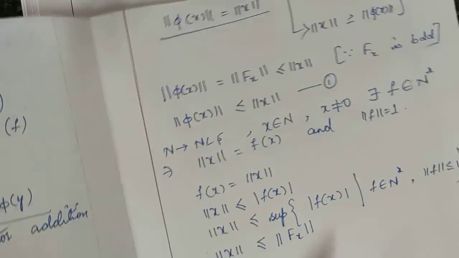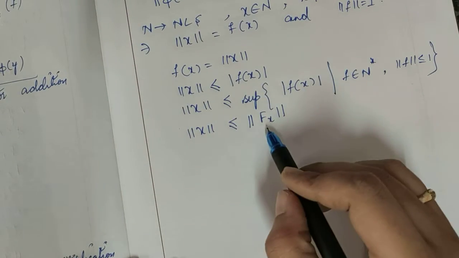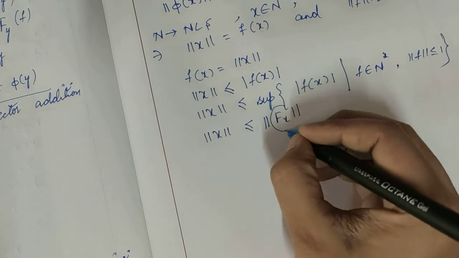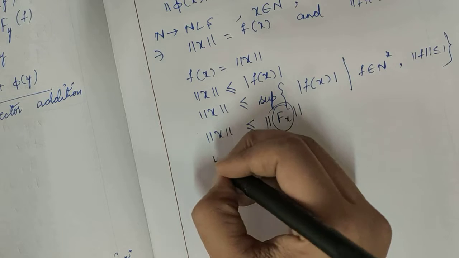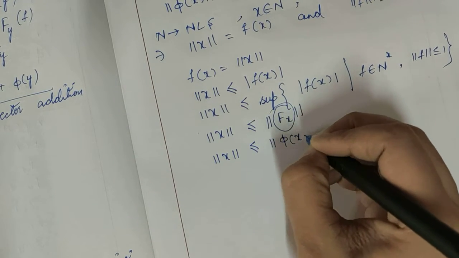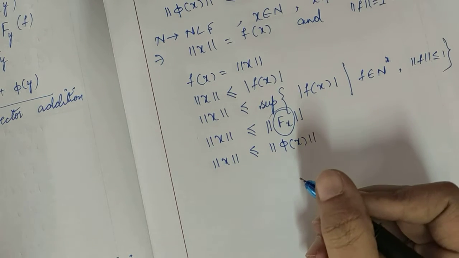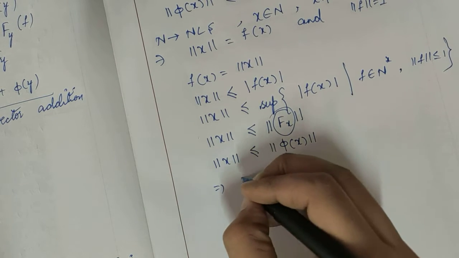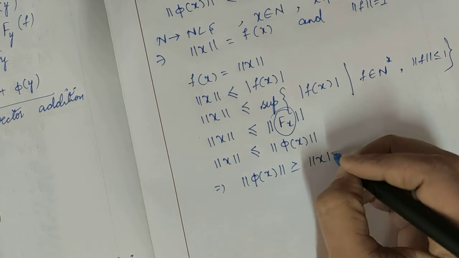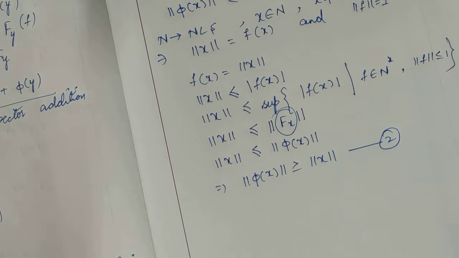So this whole thing will be less than or equal to norm f_x. Again we know f_x is nothing but phi of x. So norm x is less than or equal to norm phi of x. We can write this as norm phi of x is greater than or equal to norm x. I will call this inequality number 2.